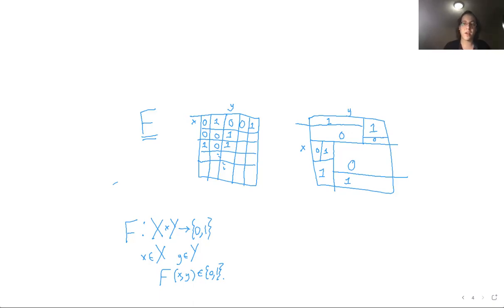So the protocol is a partition of this type, where they keep splitting the rectangles either horizontally or vertically, adaptively, and then they reach a situation where all the remaining rectangles are monochromatic. They're all either all 0 or all 1.